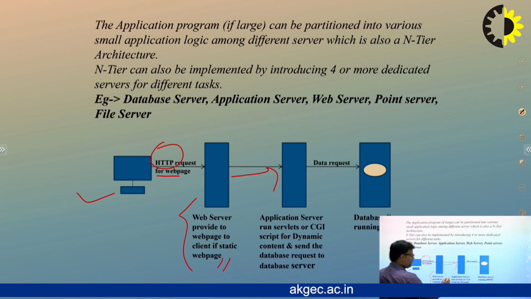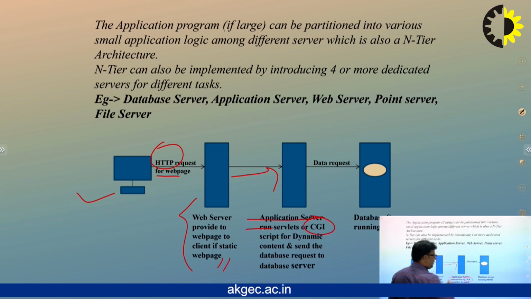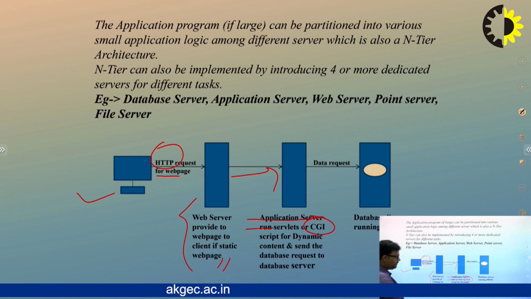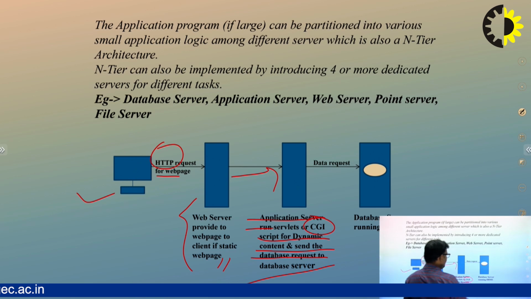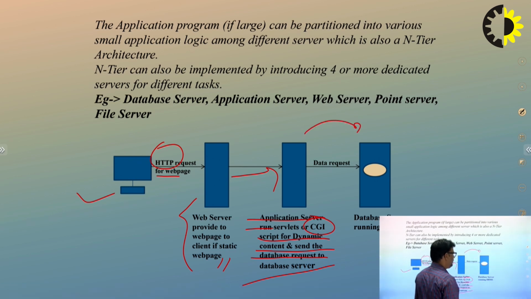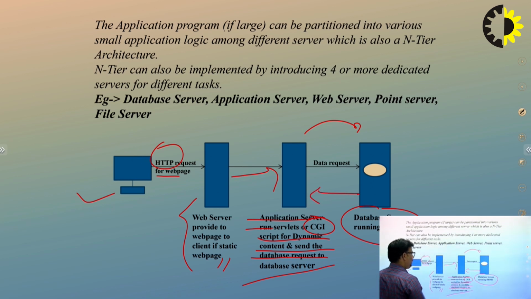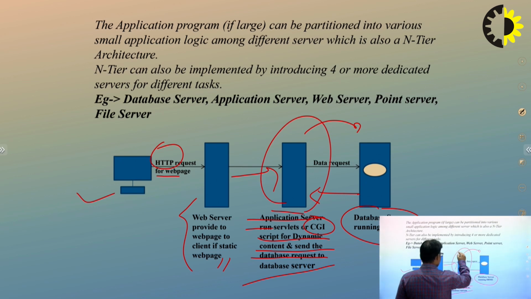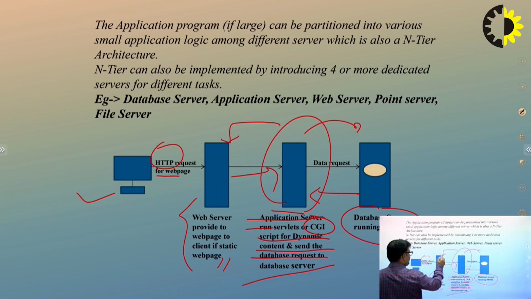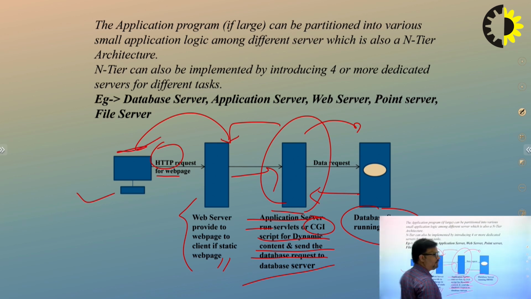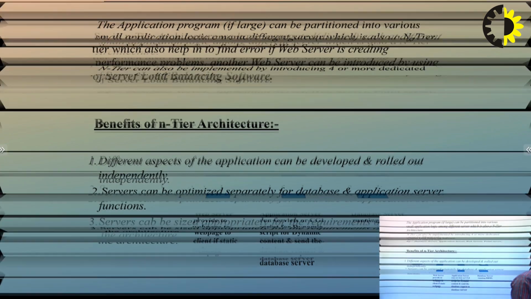The application server also uses CGI, the common gateway interface, and has scripts for dynamic content, and sends the database request to the database server running a database management system. Then it gets the information from the database server to the application server. The application server sends the information to the web server, and the web server sends the information to the client over hypertext transfer protocol.